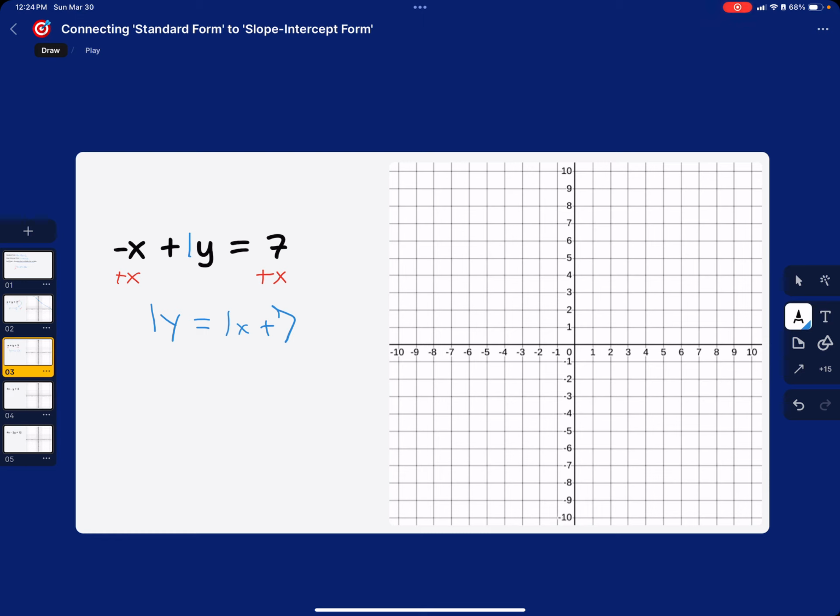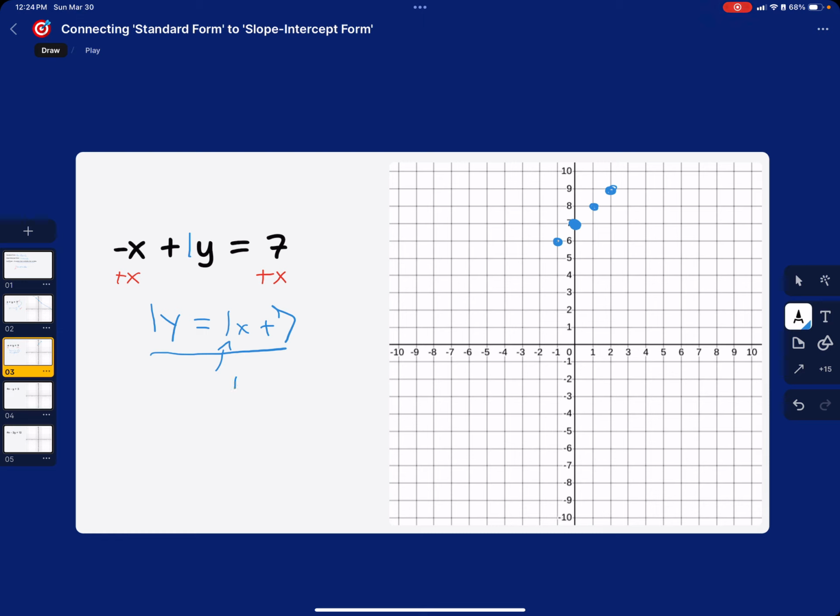Now again, we can take our equation in slope-intercept form and graph it. We're going to start with our y-intercept, which again is positive 7. Our slope is positive 1, so that means we're going to have all positive moves. We're going to rise 1 and go to the right 1, and we can also go down and to the left. Down is a negative move, to the left is a negative move.